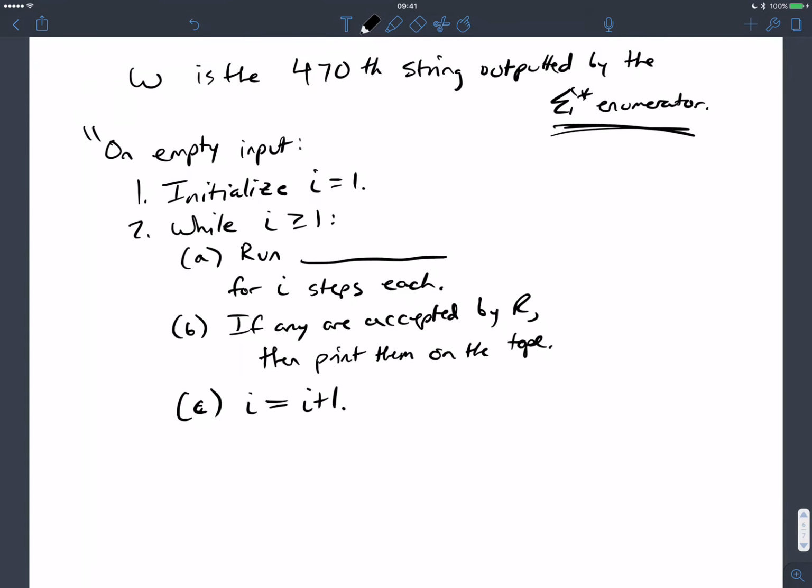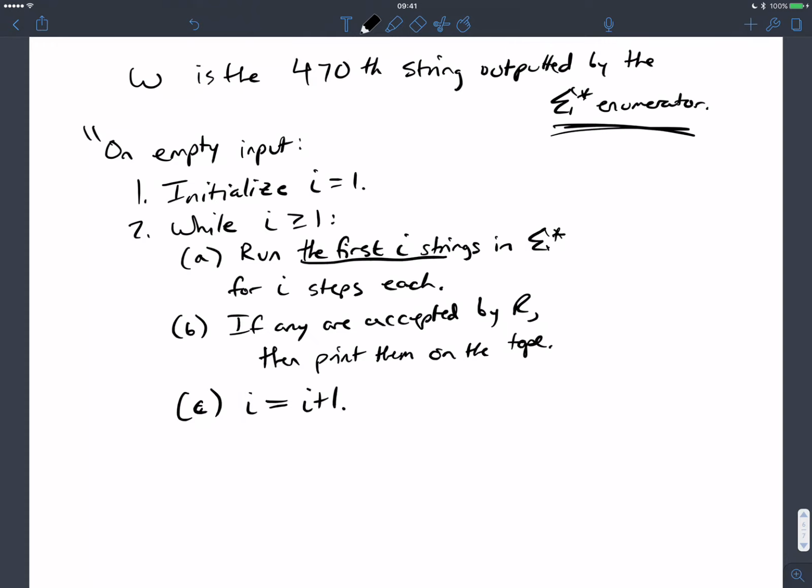So what we're going to do here is a pretty smart idea. Run the first I strings in sigma star. And by the first I mean the first I strings outputted by the sigma star enumerator, however that works.